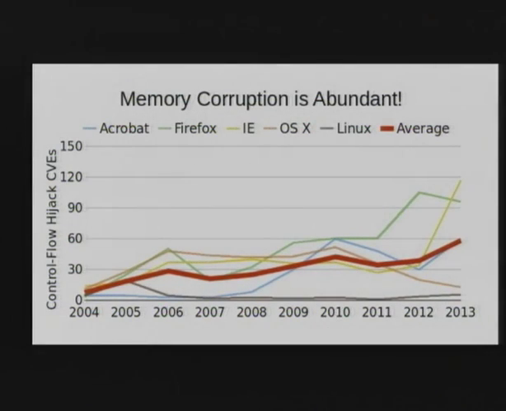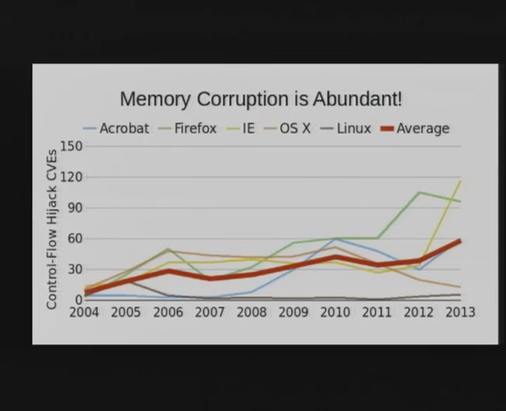So starting in 2004, the number of control flow hijack attacks was continuously increasing until the right-hand side of the figure for 2013.